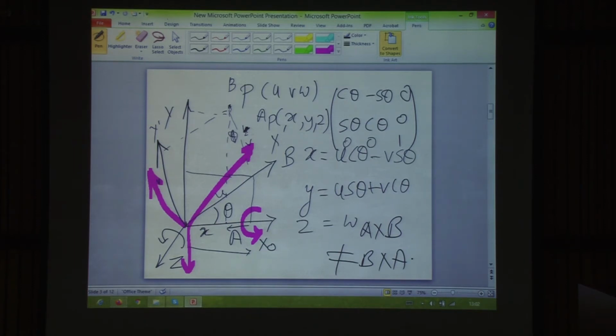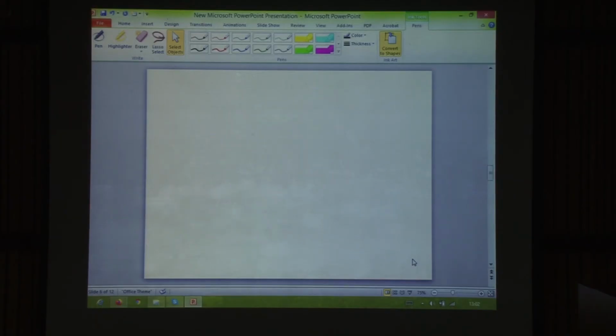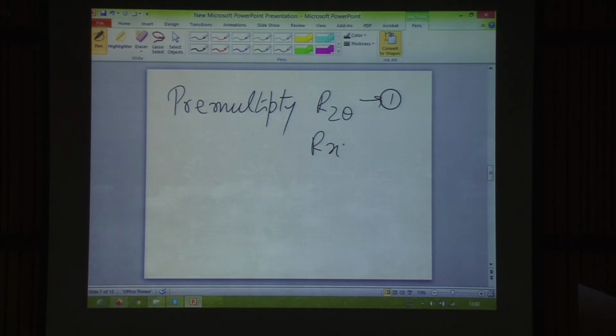So if you are multiplying 2 rotation matrices, then what we say is we pre-multiply. Please remember this, you have to pre-multiply the matrices when you are multiplying. So first, say R_z(theta) is my first rotation, and my second rotation is R_x(psi), okay?